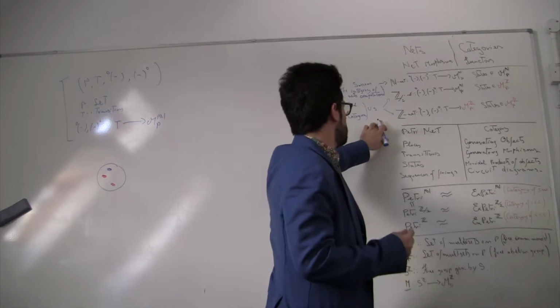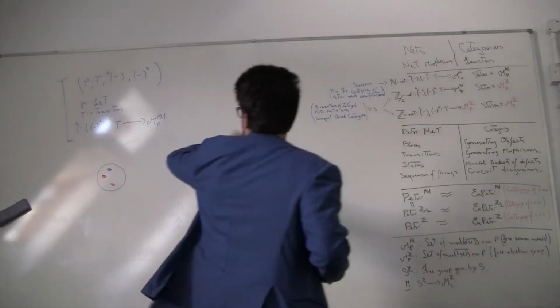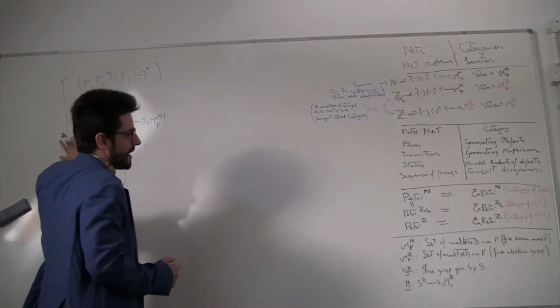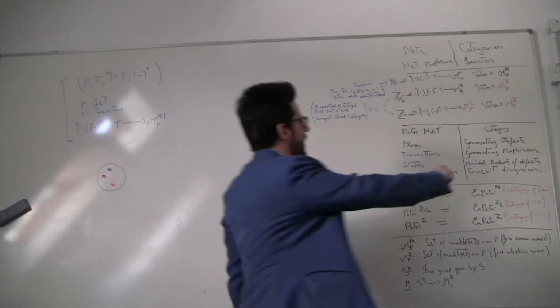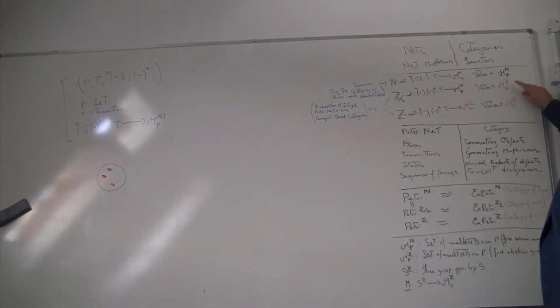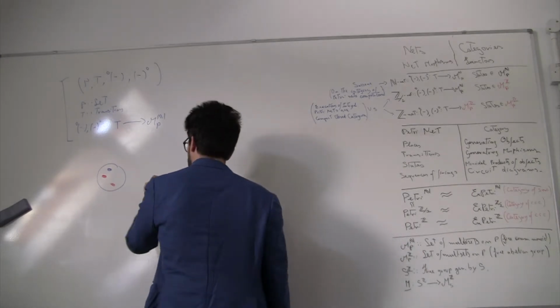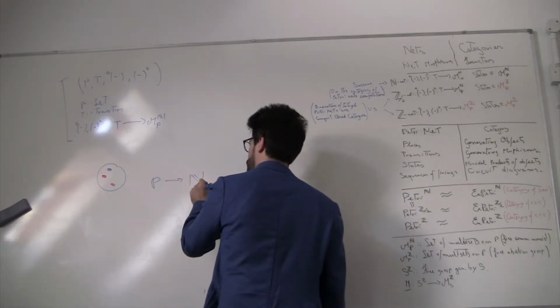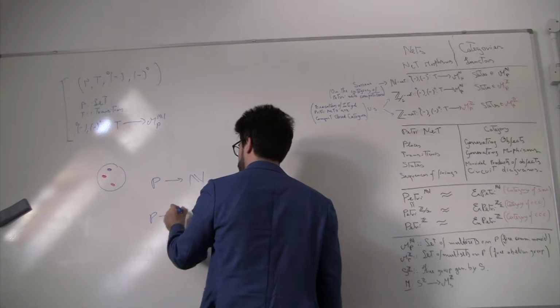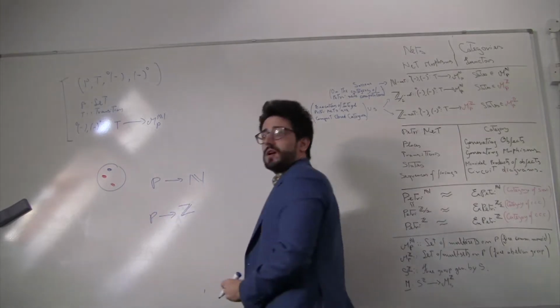You take this thing to be exactly the same, but you also allow states to be integral multisets, and this means that a multiset no longer goes from P to the natural numbers, but from P to the integers.